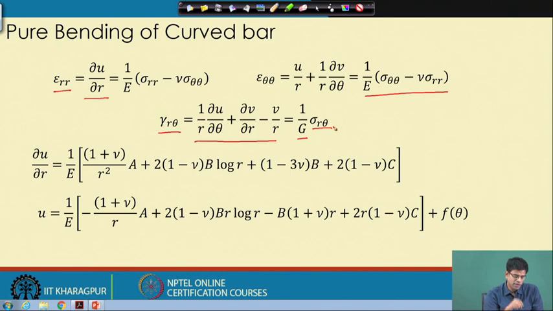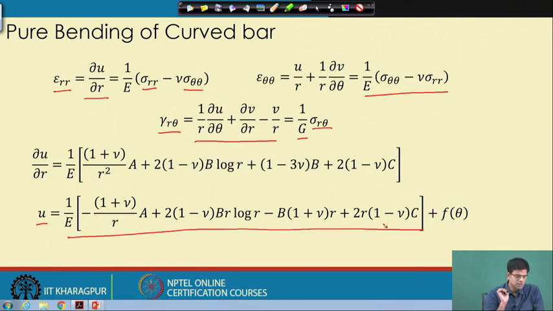Now, if I substitute our stress expressions that we have got from the stress function, and compute epsilon r r, which is du by dr, it looks like this. After simple integration of this equation, I get the expression for u.